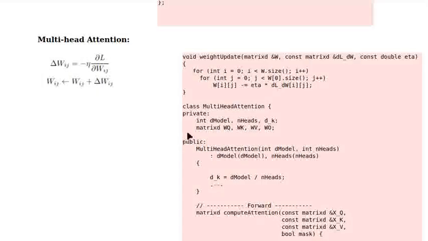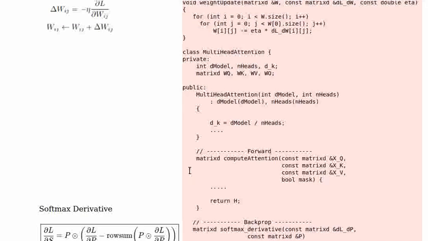And here's the class for multi-head attention. It has primary members, d_model, which is the dimension, n_heads, the number of heads, d_k is the dimension per head. And these are the weight matrices, WQ, WK, WV, WO. And so in the constructor, we set d_k to d_model divided by n_heads.